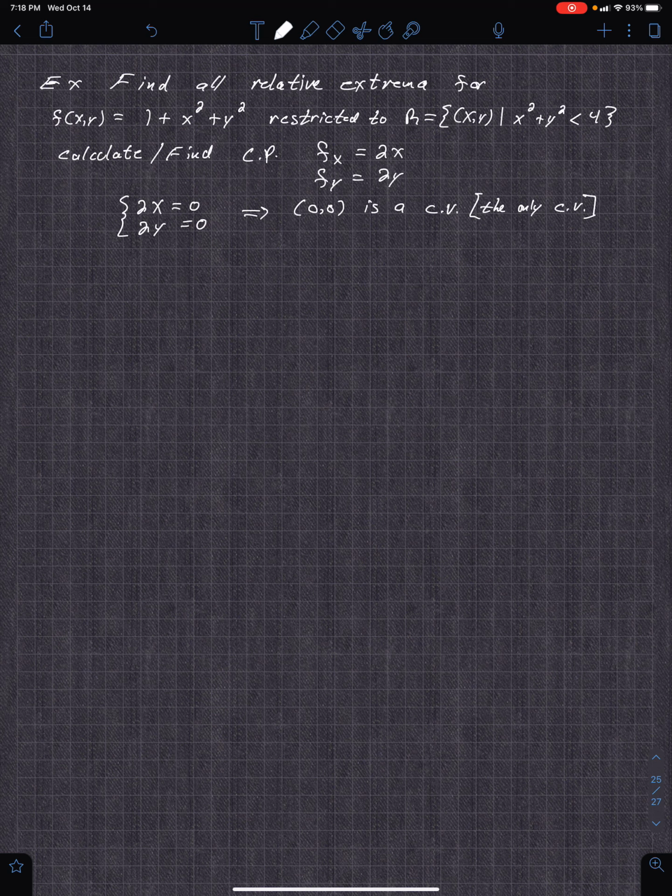All right, so basically, without the second partials test, this one's simple enough. You just analyze it. So essentially, it's the only one. So let's draw the picture. We can draw the picture and argue why it must be a local minimum. So we draw the diagram, x, y, and z. So we know this is a paraboloid shifted up 1 unit like this.